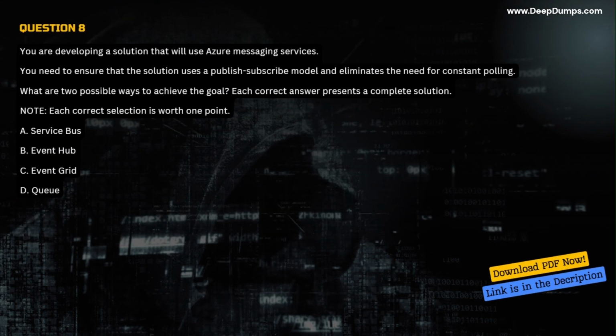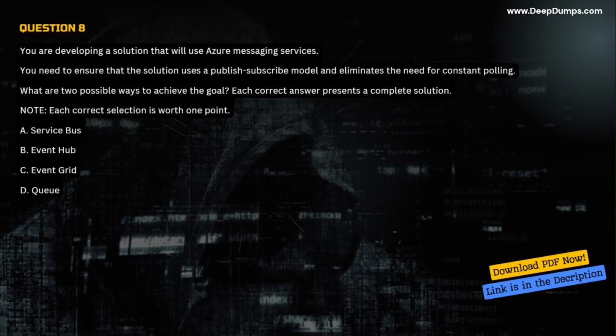Question 8. You are developing a solution that will use Azure messaging services. You need to ensure that the solution uses a publish-subscribe model and eliminates the need for constant polling. What are two possible ways to achieve the goal? Each correct answer presents a complete solution. Note, each correct selection is worth 1 point.